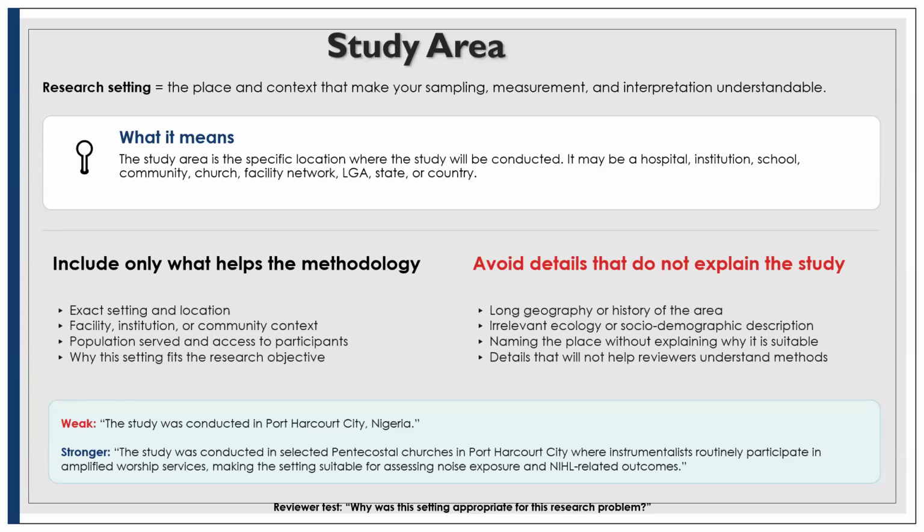Your research setting will probably be where noise is generated, like the airport, construction sites, nightclubs, churches, or mosques. If you say you're doing a study on noise-induced hearing loss, and you're collecting your data from pupils in a secondary school in a rural community, the reviewer would be cautious, because this is not an appropriate research setting for this kind of study.